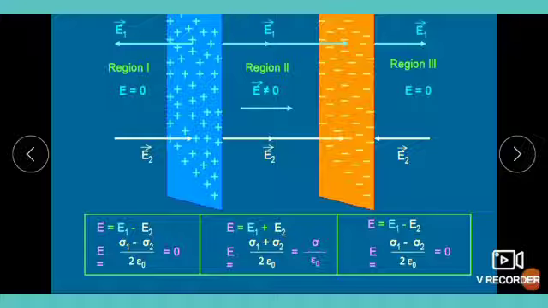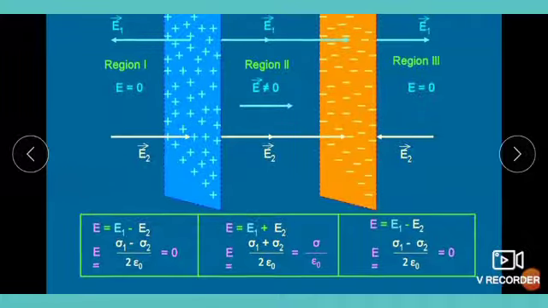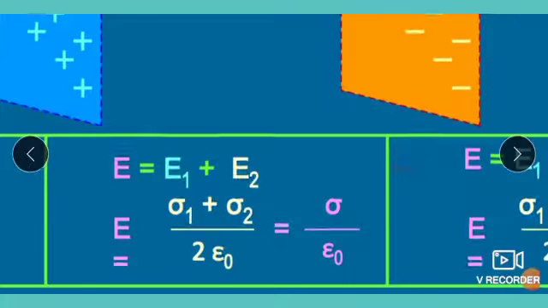Each plate contributes 1 by 2 times sigma by epsilon naught. That is the reason the field on the left side is 0, on the right side is 0, and it exists only in between the parallel plates, with value sigma by epsilon naught. This is what we use later in parallel plate capacitors: the electric field existing between the two plates of a parallel plate capacitor is sigma by epsilon naught.